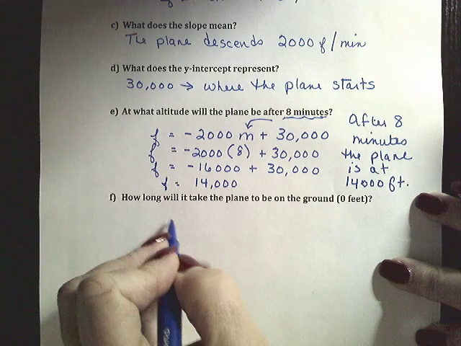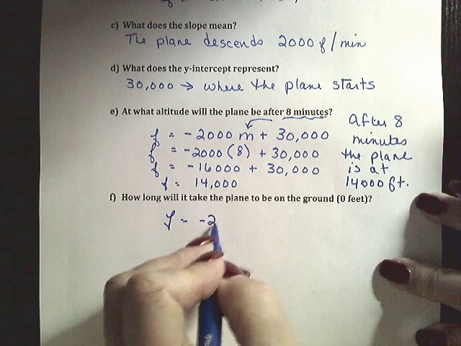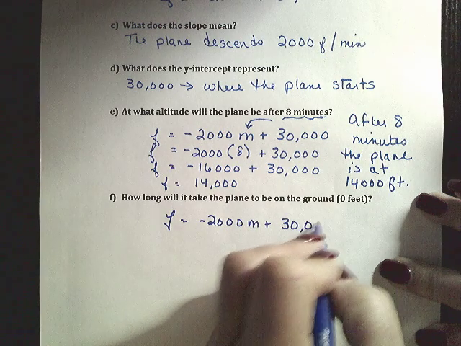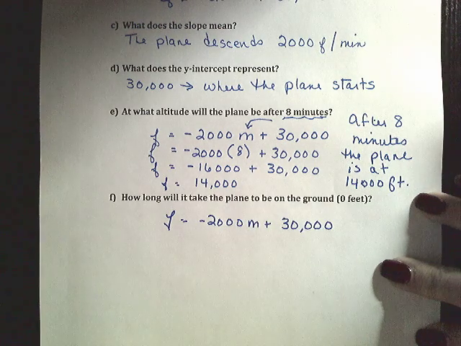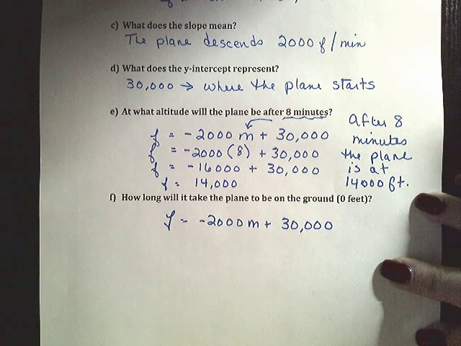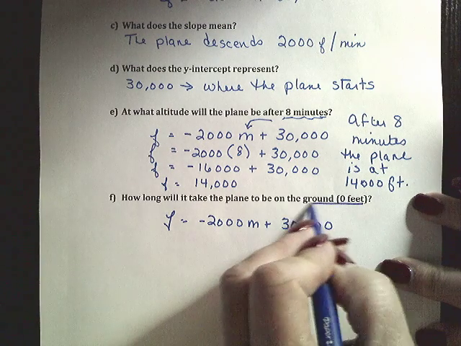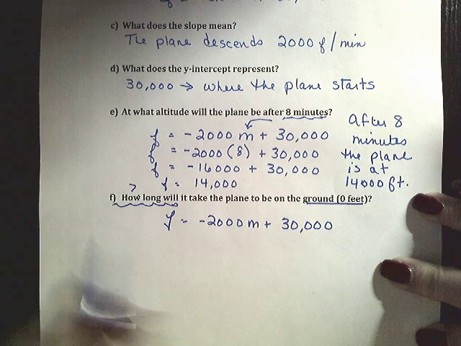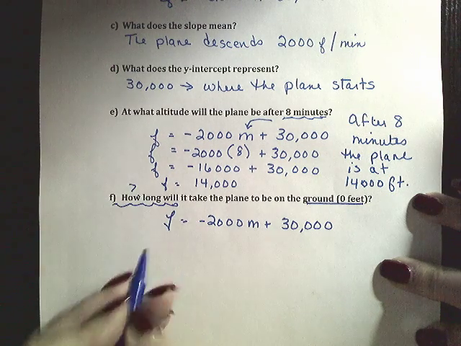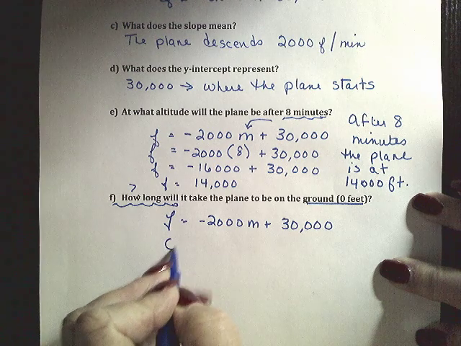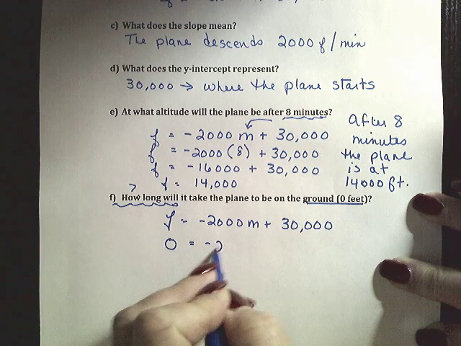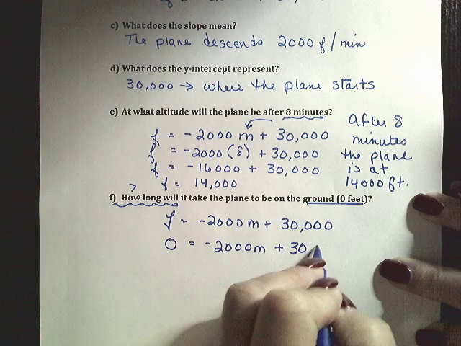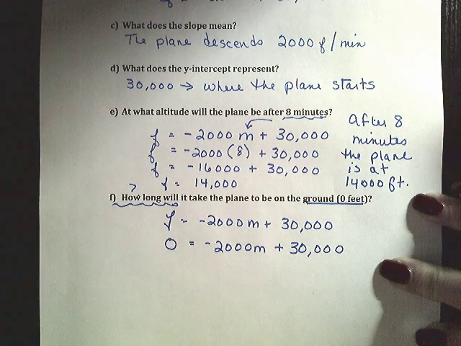Okay, again, F is equal to negative 2,000M plus 30,000. How long will it take the plane to be at ground level, or 0 feet? How long? That means it's asking for the minutes. So I'm going to put 0 in here: 0 equals negative 2,000M plus 30,000.